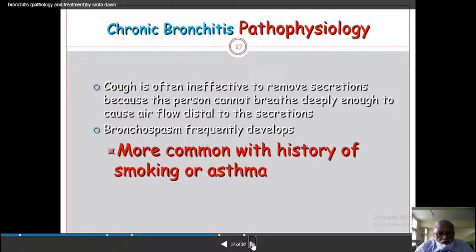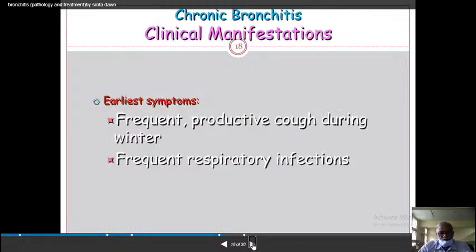The cough is often ineffective to remove secretions because the person cannot breathe deeply enough to cause airflow distal to the secretions and into the alveoli, and bronchospasm frequently develops, more common with a history of smoking and asthma.